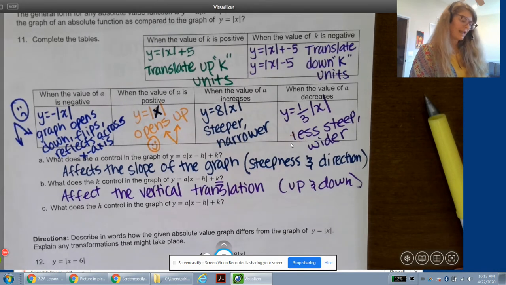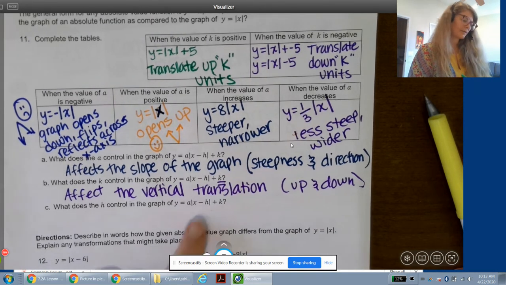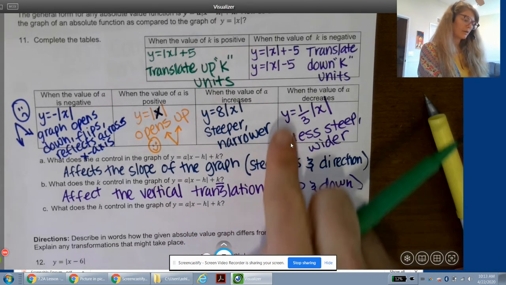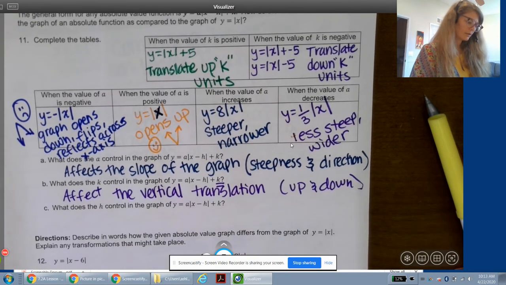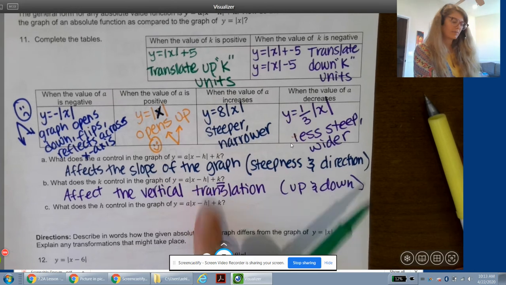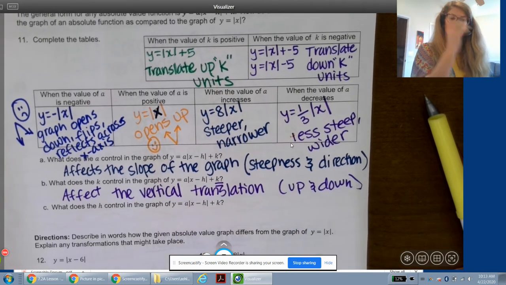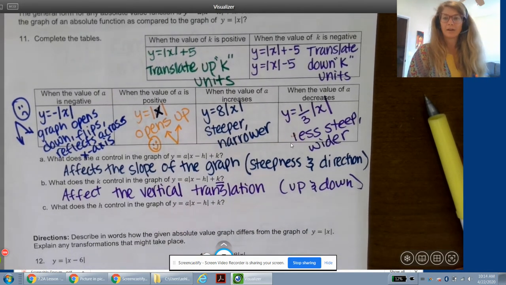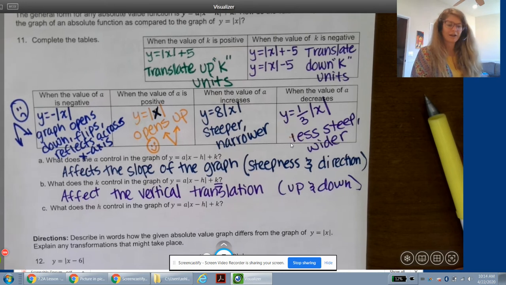Okay, h. What does h control in the graph? Well, remember, h was that number on the inside, and we looked at it a couple times. Kind of funny, it's also another word for eight that starts with an h. It controls the horizontal direction.